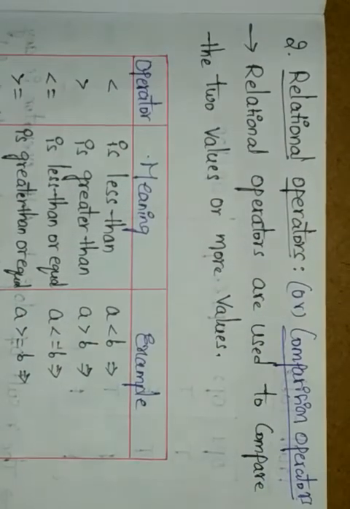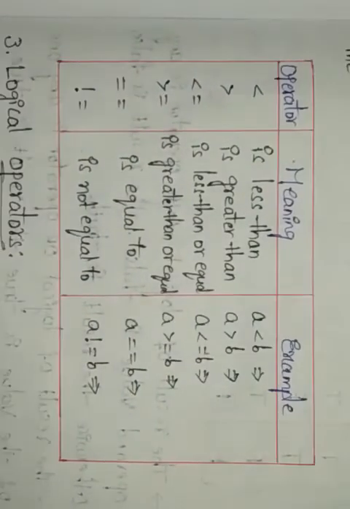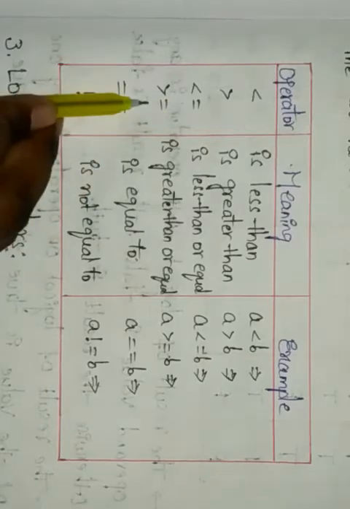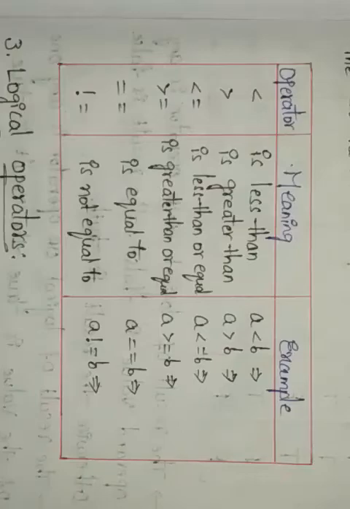We can also call these comparison operators. In this we can compare two or more values. Here we have operators like less than, greater than, less than or equal to, greater than or equal to, equal to, and not equal to.